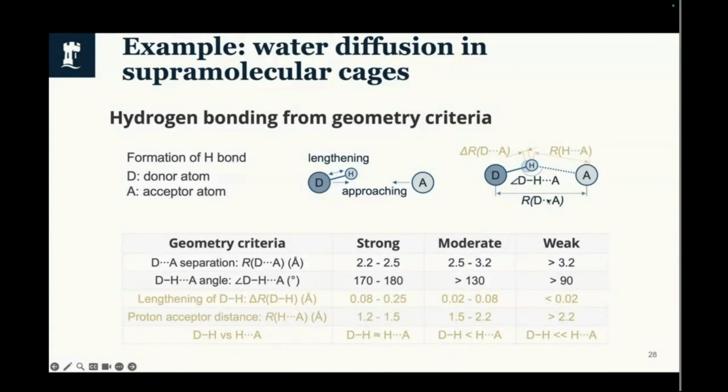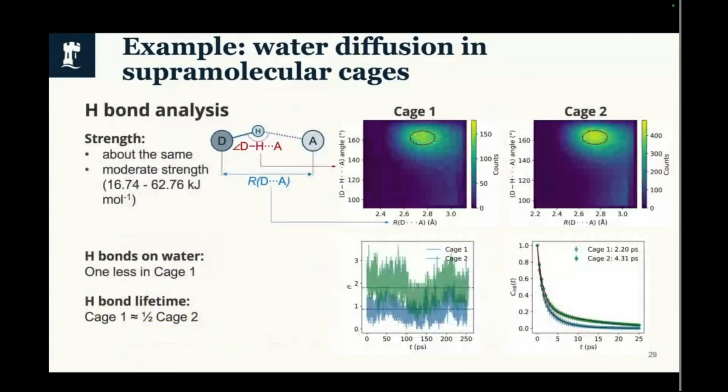We recognized all hydrogen bonding within the supramolecular cage in each frame of the trajectory and plotted the density out. You can see this is the separation of donor and acceptor, and this is the angle.